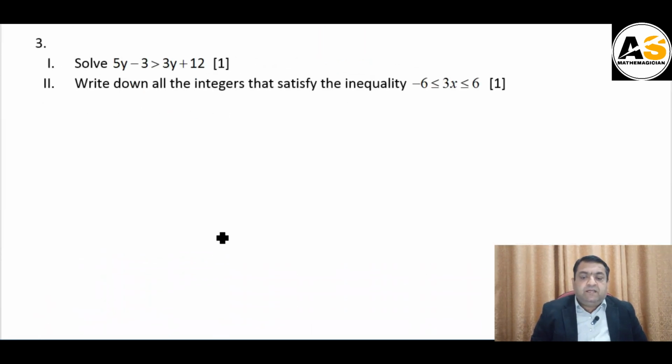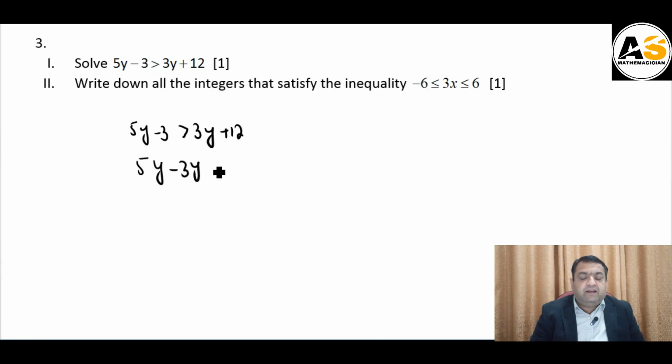Next question number 3. Again we have an inequality in one variable and we have to solve it. In part 1, 5y minus 3 is greater than 3y plus 12. First of all, I will write it as 5y minus 3y is greater than 12 plus 3.